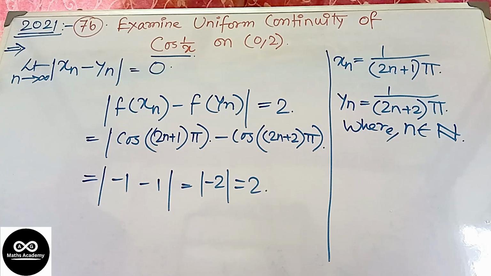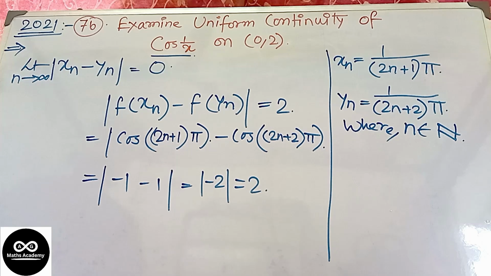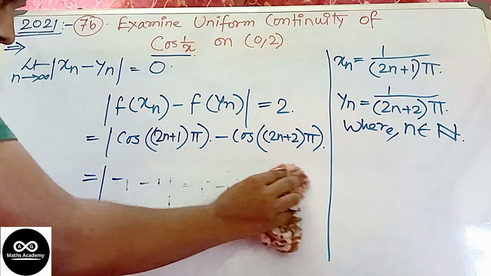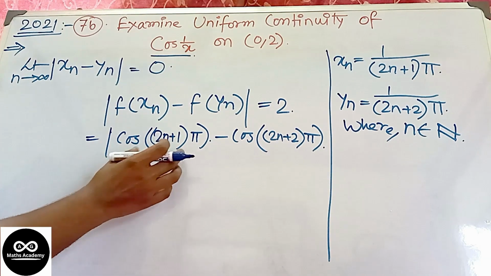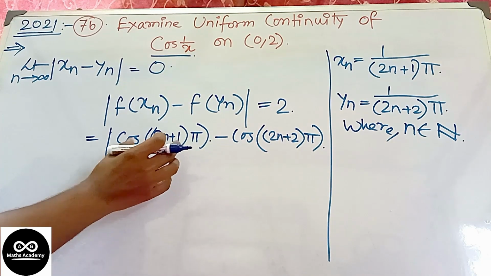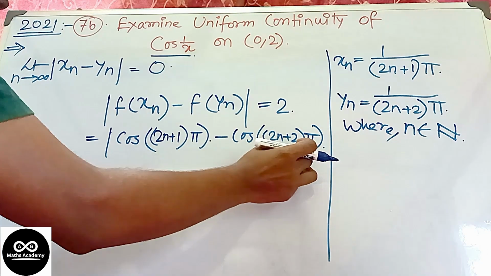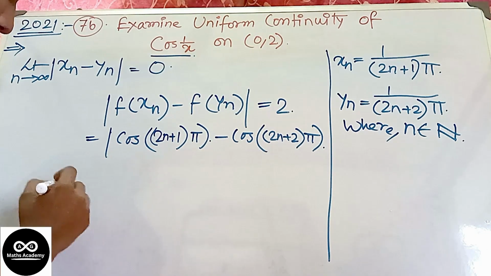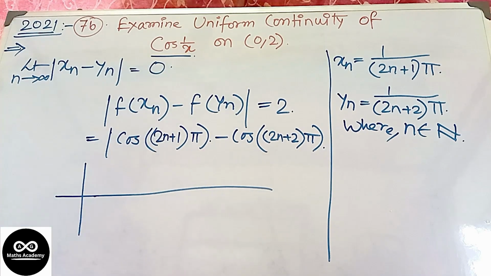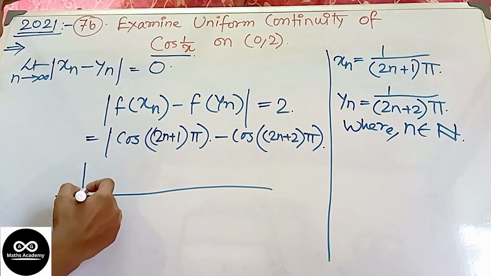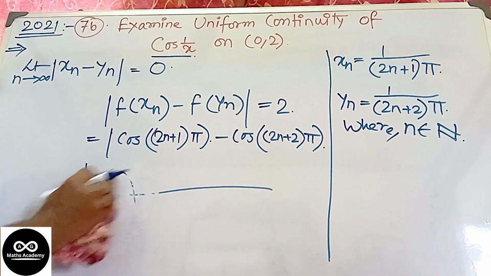Obviously, first let me show you how I am evaluating this, cos((2n+1)pi) and cos((2n+2)pi). First we're going to take the graph of cos x, which is actually sin x.